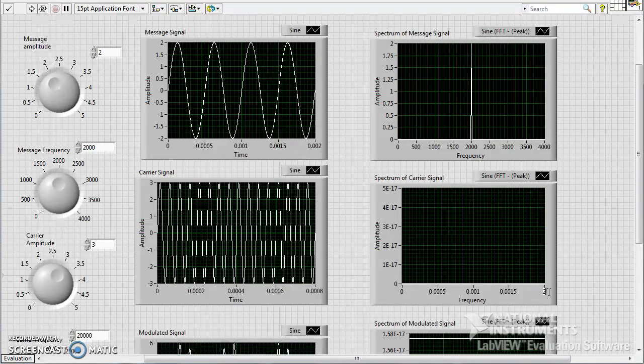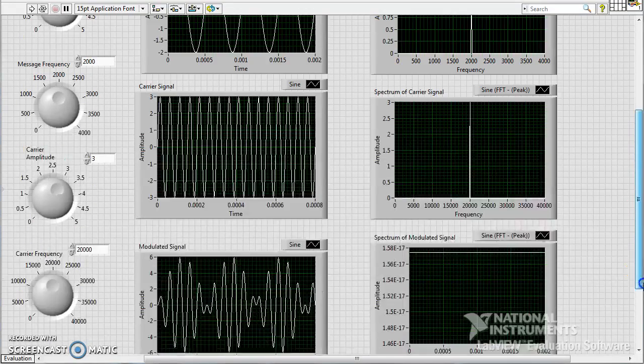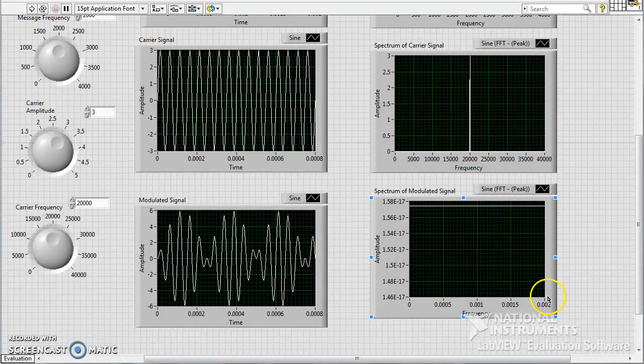Since the carrier is 20 kilohertz, let me change it to around 40 kilohertz. Coming up with the spectrum of the modulated signal, I will just change the axis to 40 kilohertz.